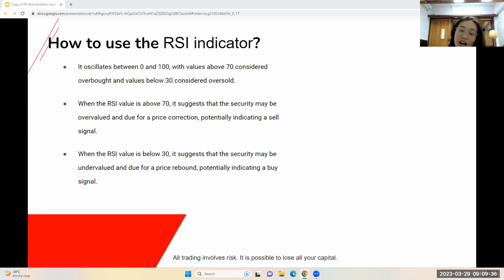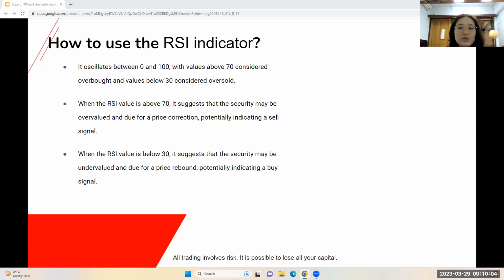It's because when the RSI value is above 70, it suggests that the security is overvalued, due for a price correction. So it's potentially indicating a sell signal. But when the RSI value is below 30, it suggests that the security may be undervalued and due for a price rebound, potentially indicating a buy signal.